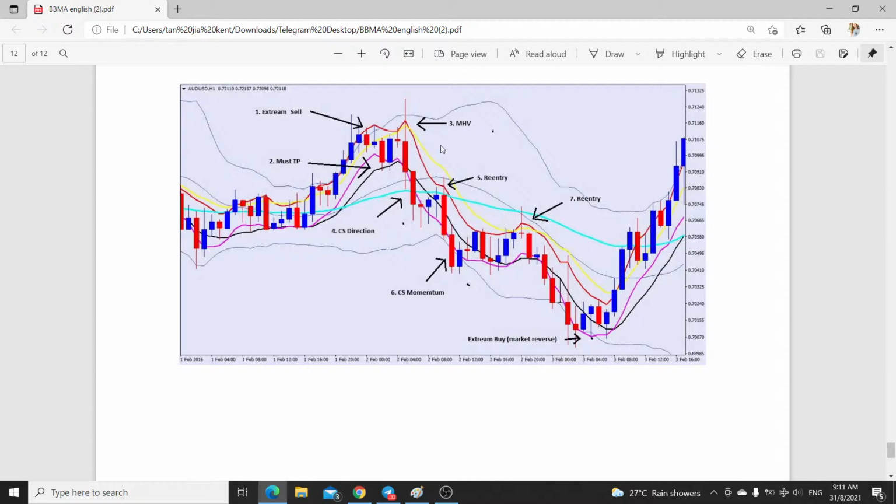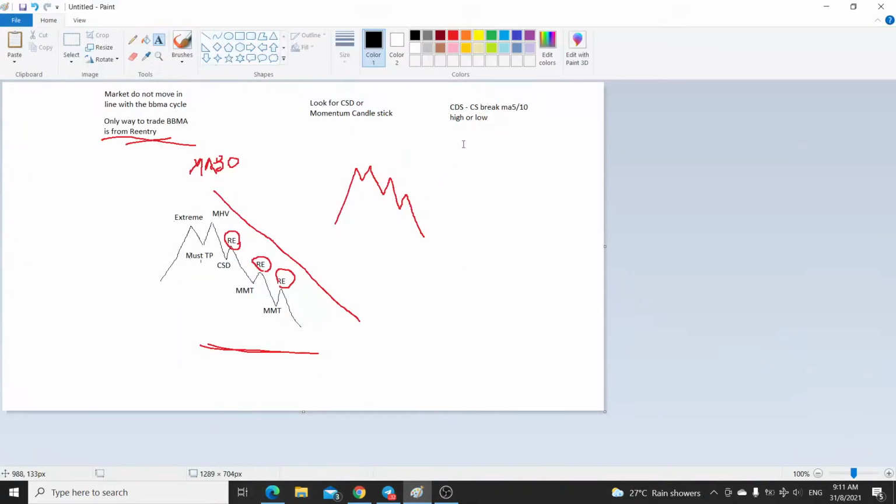The price is going in that direction. So there's a possibility that the price will go in another direction. You go down. This is an early signal, let's call it. Early signal. Once you see the candlestick momentum, it is a confirmation signal. So there are two signals here.